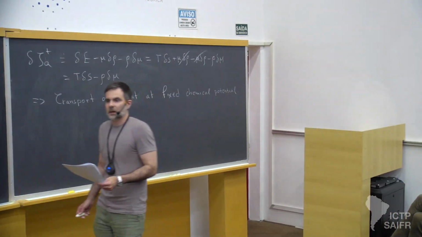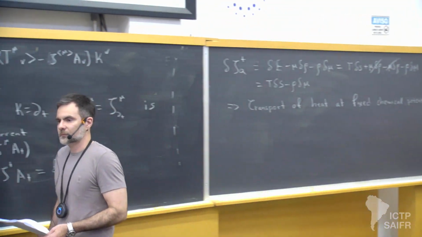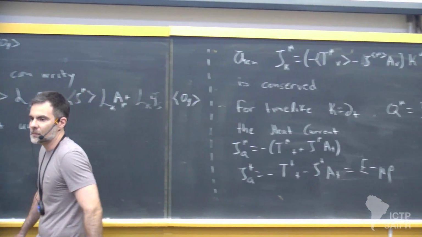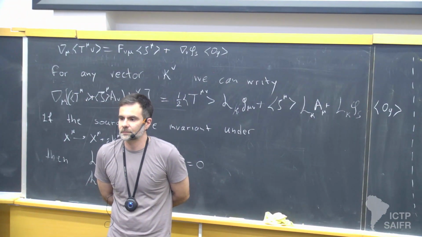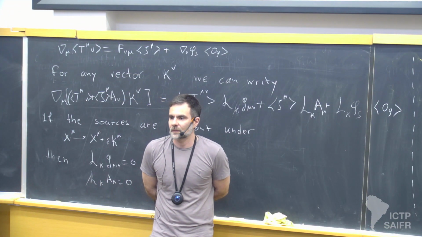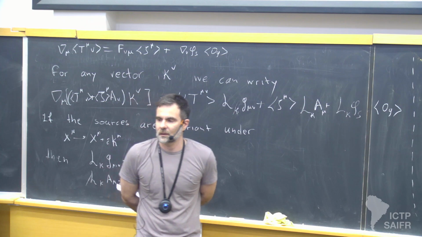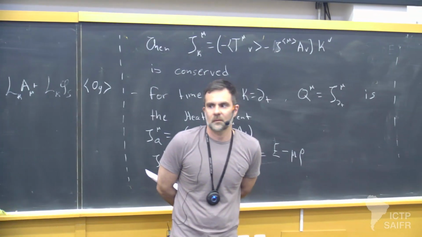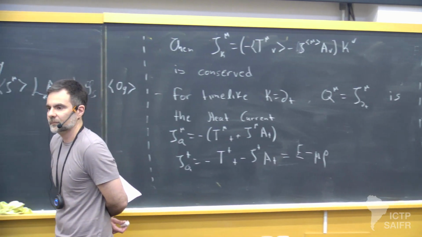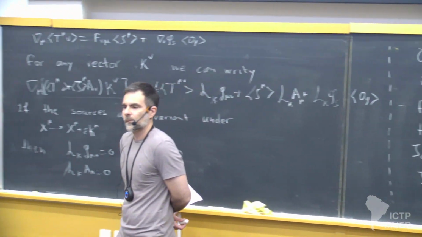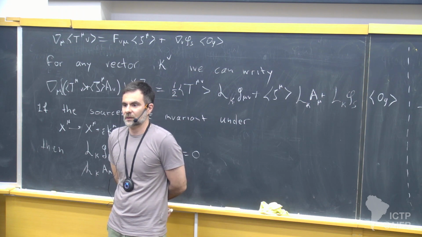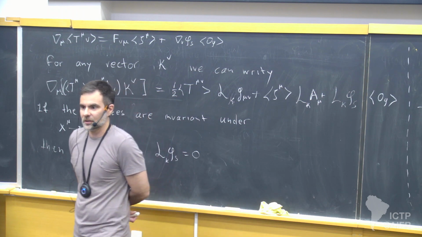Yes? The fact that you take A_t equals mu, right? Could you think that there is a gauge choice there? I understand that mu doesn't vanish at infinity, so it's like a large transformation. But could I have chosen A_t equals 0 and still have charge in the system?